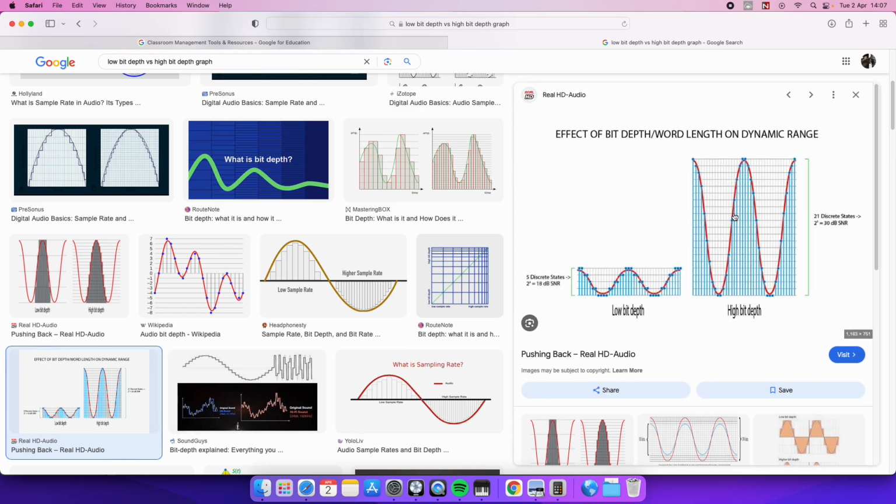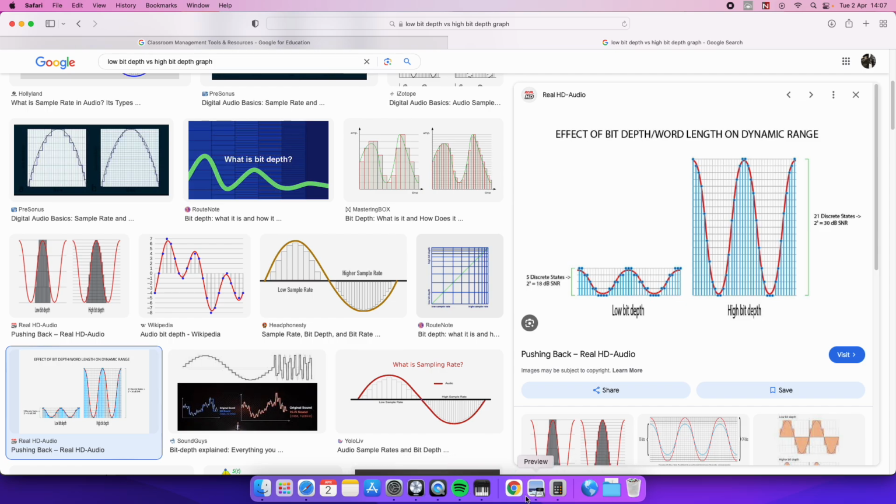So you can see these sampling points. There are many more bits than there are at a lower bit depth. That's just been stretched there so you can zoom in to see, because if it was as short as this, it'd be quite difficult to see all these little different bits. So a lower bit depth, what's that like? That's like 4 bits, isn't it? 1, 2, 3, 4. And that's got many more bits per its depth. So there you go.